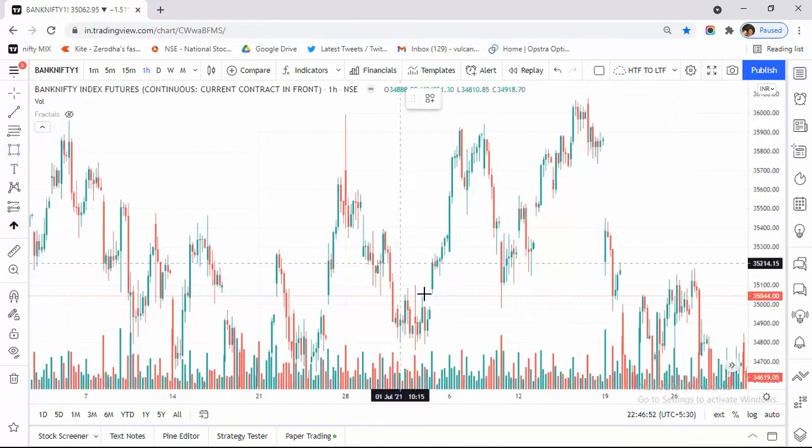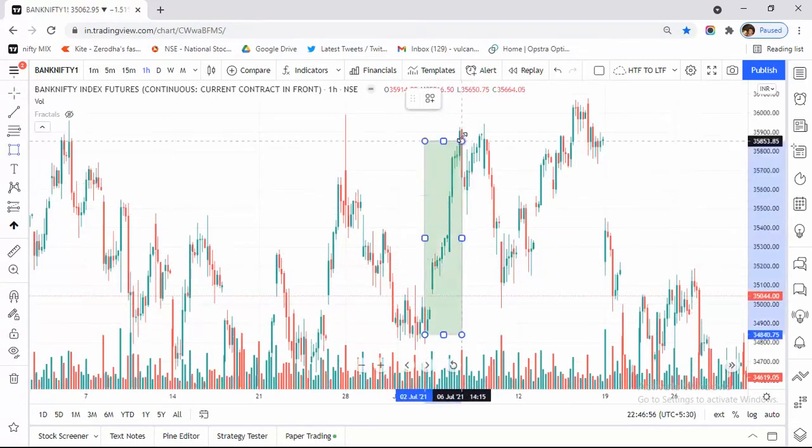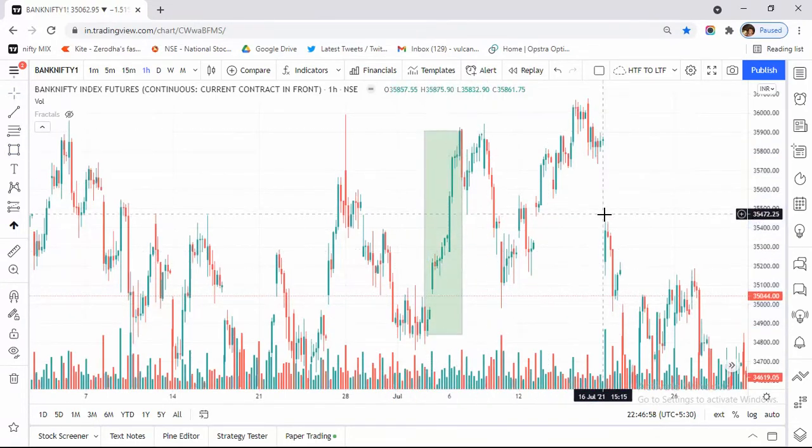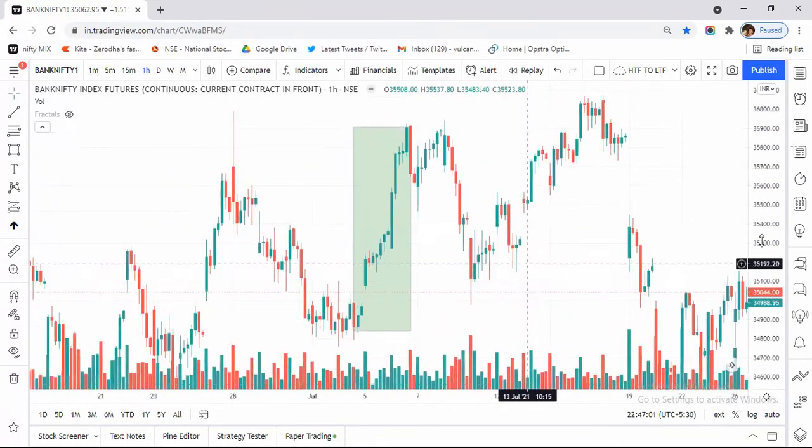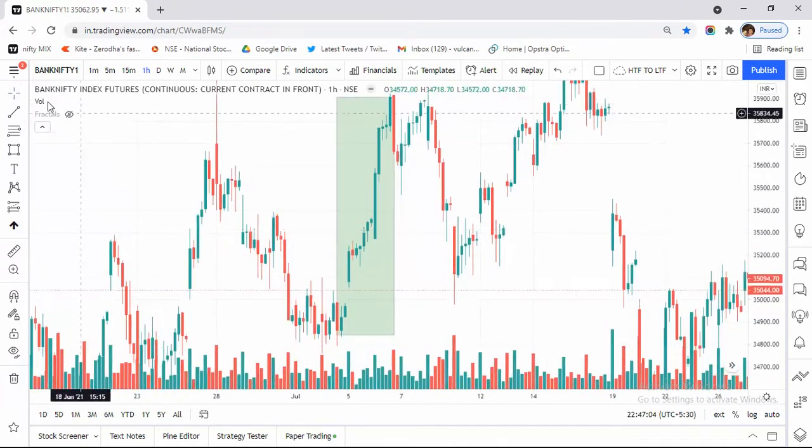When you look at this price range from this point to this point, what do you see here? Let me remove the volume.